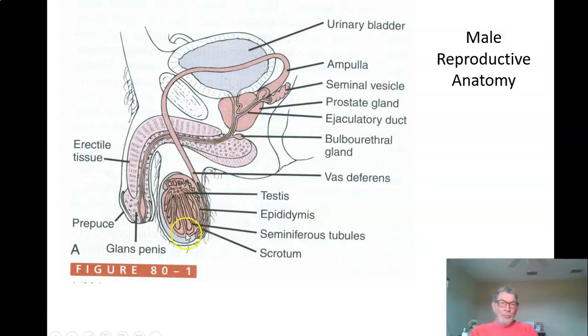The scrotum is the sac where the testis resides, testicle or testis. Remember, the testis starts out as a primordial gonad right up here where the ovary would be if it doesn't move.